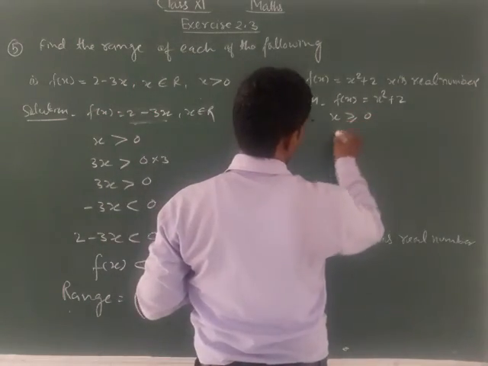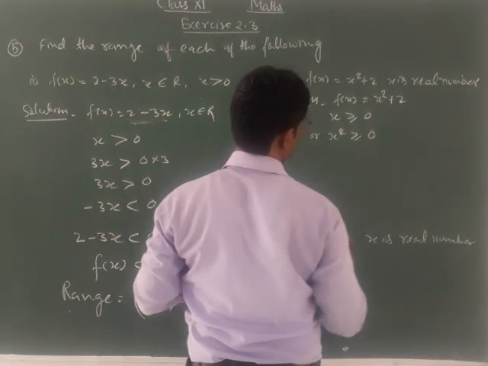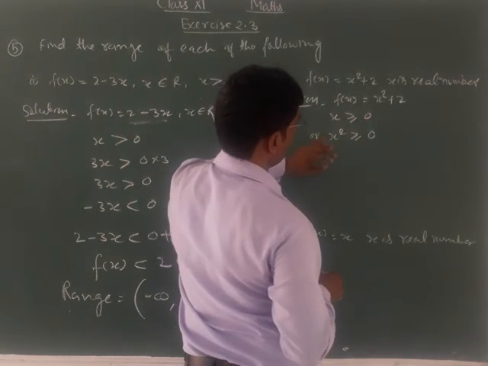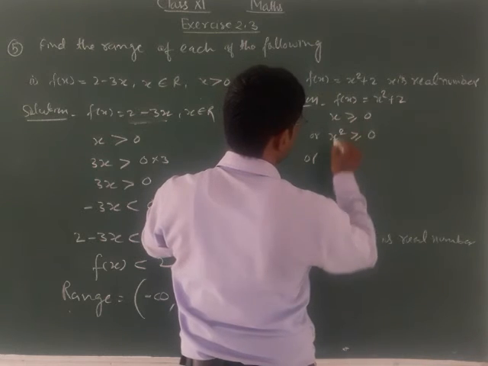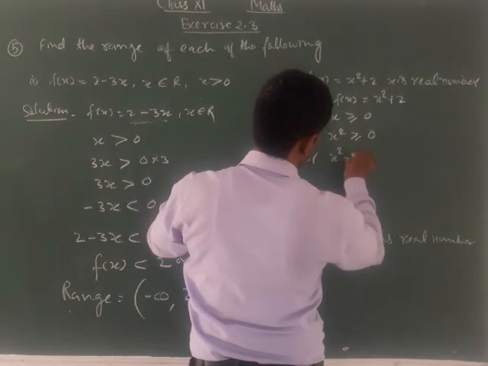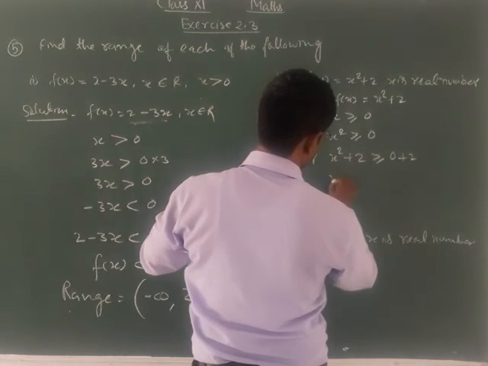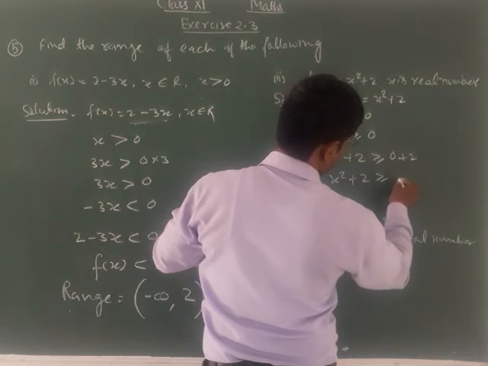Squaring both sides, x squared greater than or equal to 0 squared, which is 0. Adding 2 on both sides, so x squared + 2 is greater than or equal to 0 plus 2. So x squared + 2 is greater than or equal to 2.